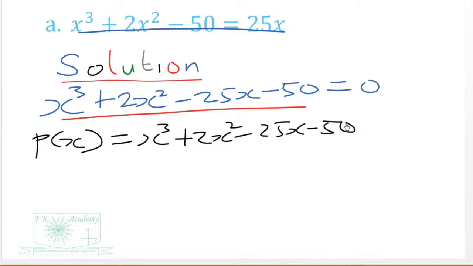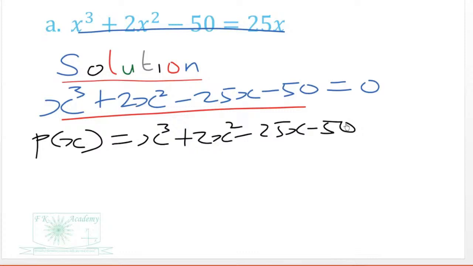Now we try factorizing using the factor theorem. So we look for factors of -50, which are -1, +1, -2, +2, -5, +5.